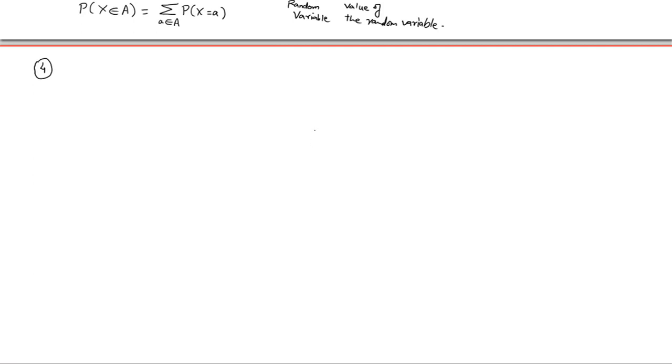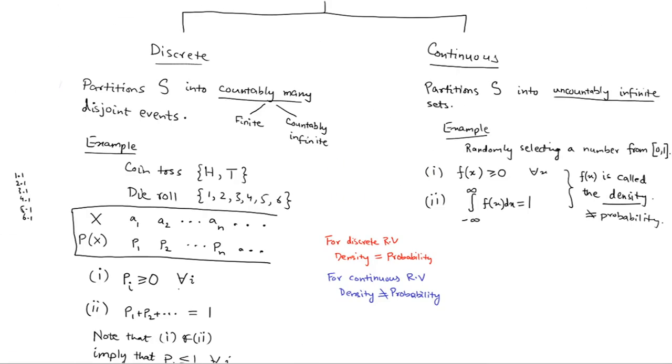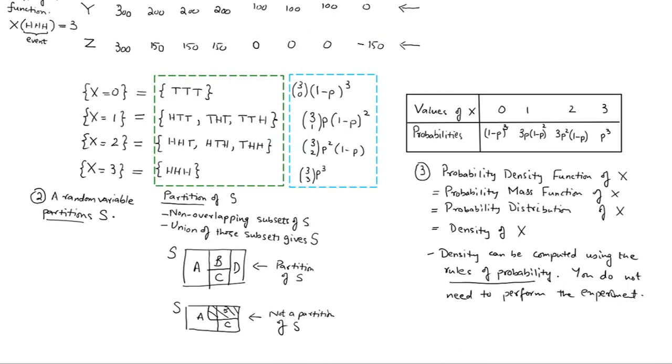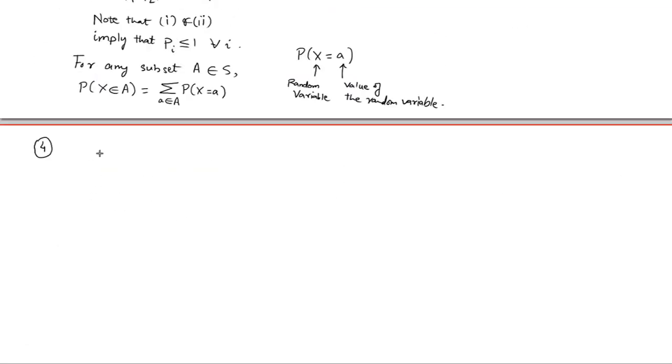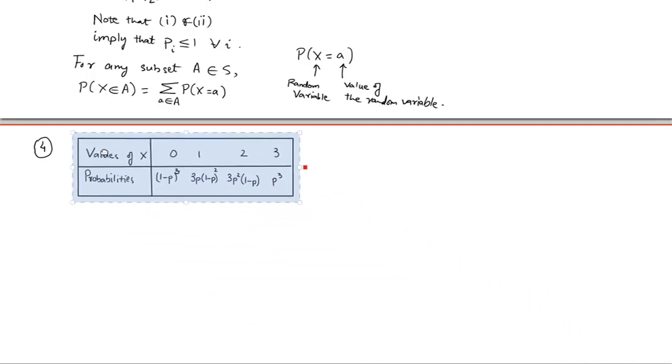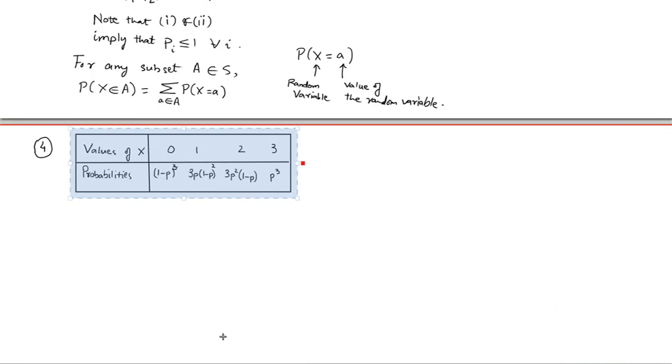Now, let me copy this density function. So this is my density function for the number of heads when I toss a coin 3 times.